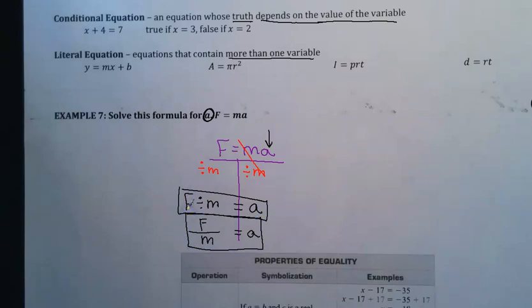Either of those I will take. But you did exactly what it said. It said solve for A, and now you know what A equals. You could rewrite this to say A equals F divided by M, if that makes you feel better. That goes back to the symmetric property of equality we started with, that it could be equal on either side. It does not matter.